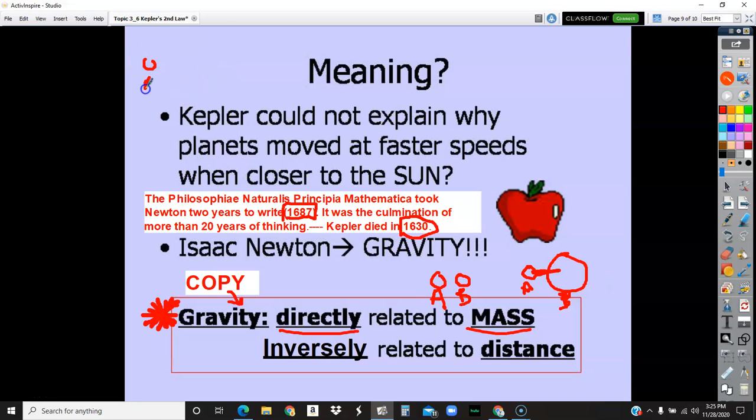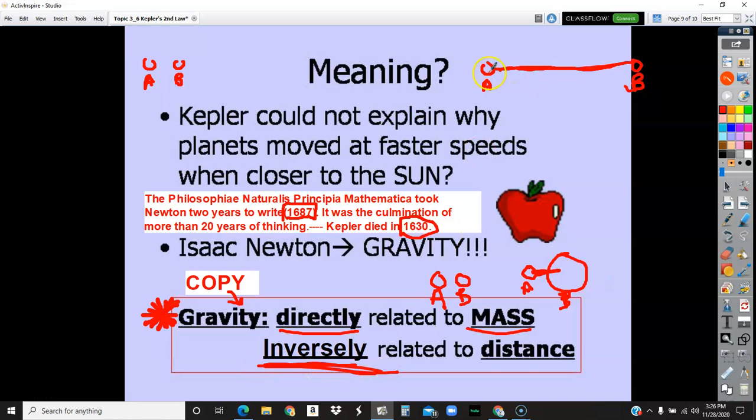Now let's say I have two planets, and I'll do up here. Let's say this is A and this is B, and they're so many miles apart. All right, there's gravity between them. But now over here, I'm going to have A and I'm going to put B way out here, right? So when I increase the distance, I decrease the gravity. That's an inverse relationship.